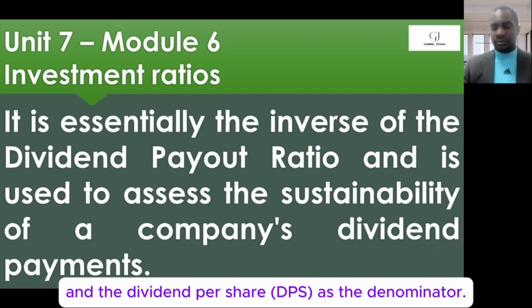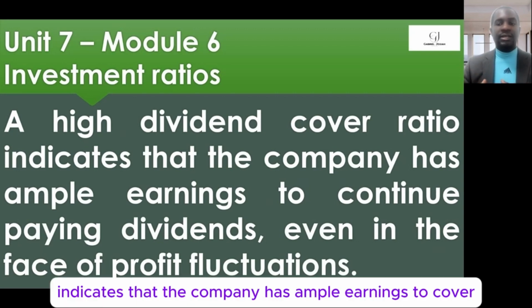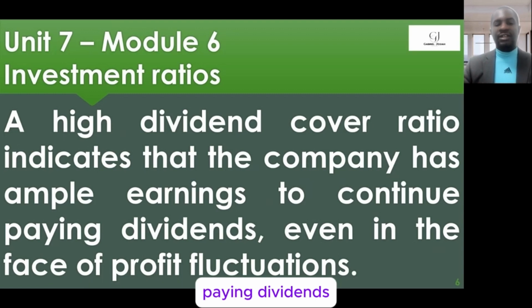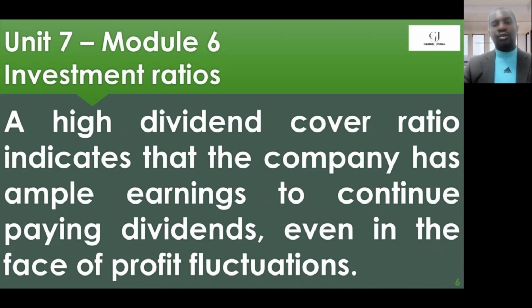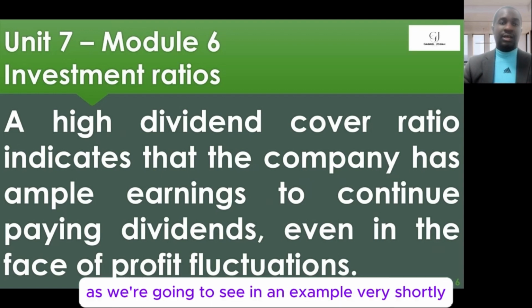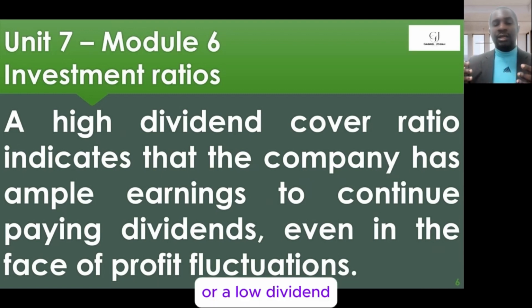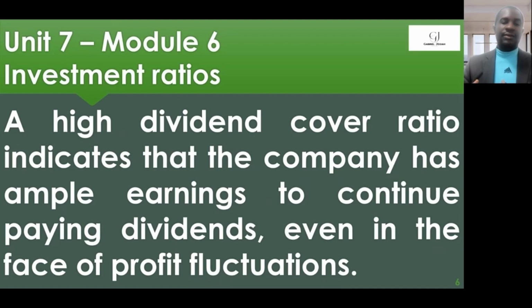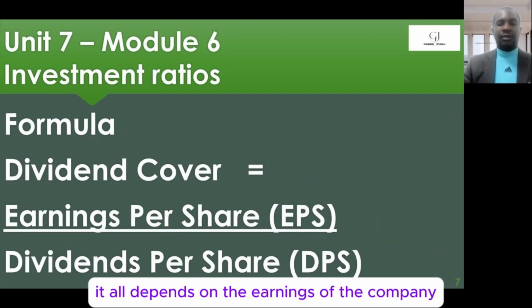as the denominator. A high dividend cover ratio indicates that the company has ample earnings to cover paying dividends, even in the face of profit fluctuation. So whether the dividend is high or low, as we're going to see in an example very shortly, it all depends on the earnings of the company.